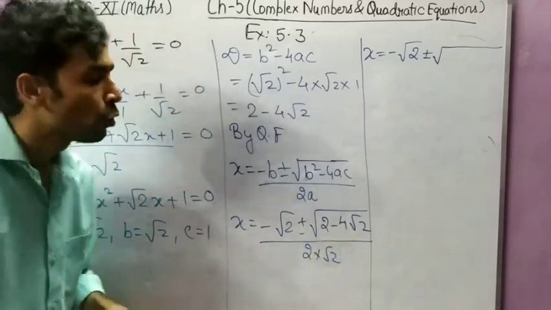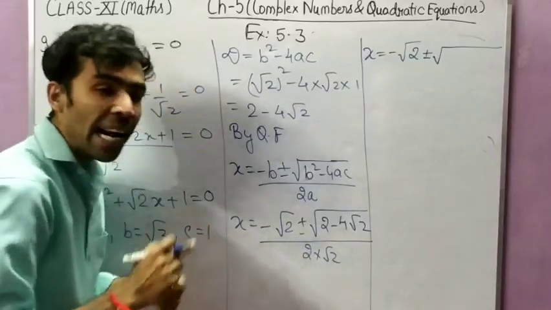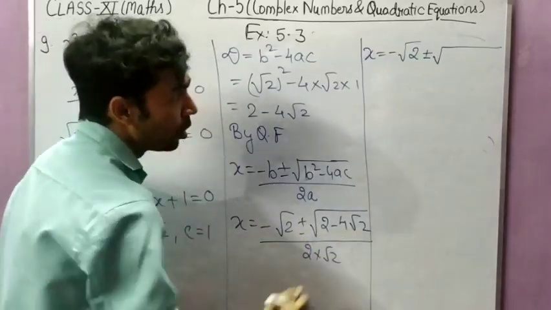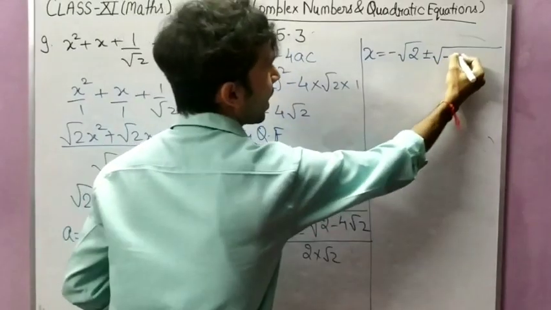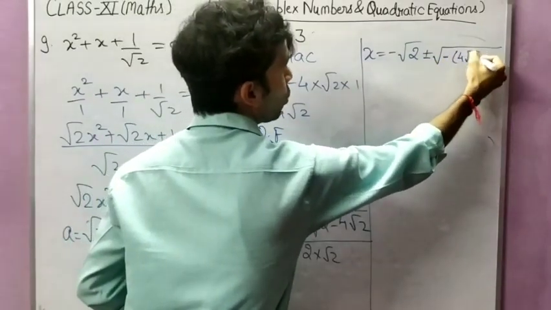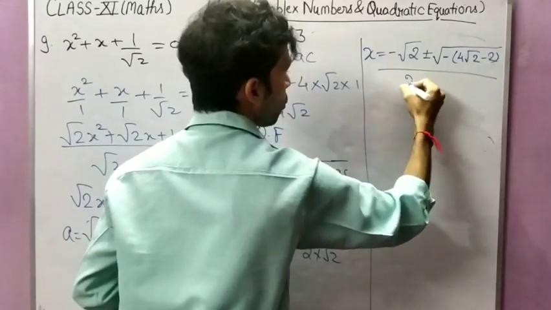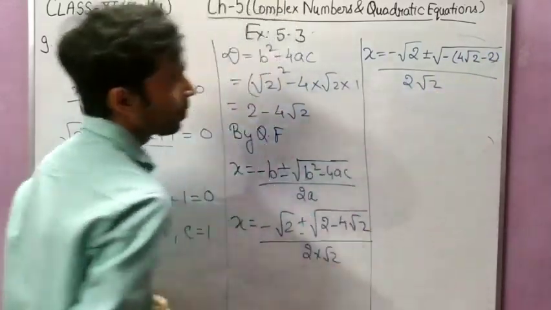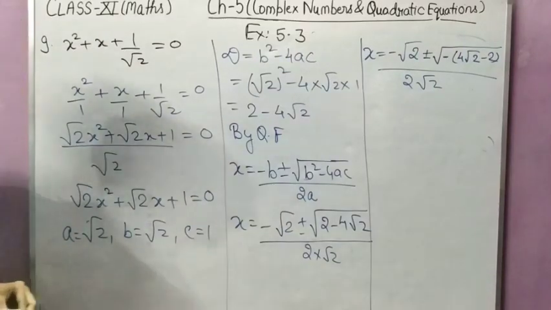So what I am going to do now, inside the square root bracket I am taking minus common between these two. So when I take minus common, student, what I will get in the bracket is 4 root 2 minus 2, upon 2 root 2. I think it is clear to you.